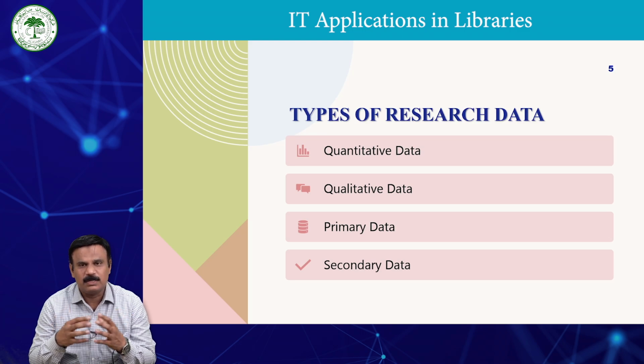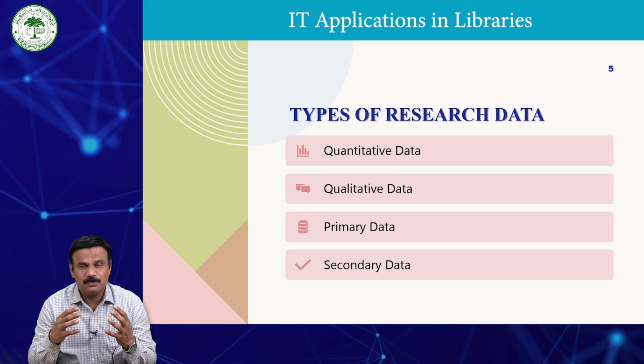Quantitative data is numerical and measurable, representing quantities or amounts. It answers questions like how much, how many, how often, and is often collected through methods like surveys, experiments, or other statistical measurements.